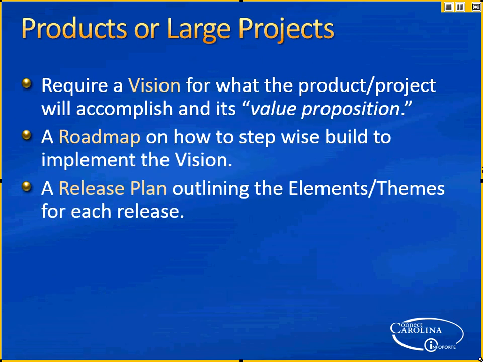So if we're working in the Scrum method, you'd normally be working on a product, a large project, and to be set up to do that, there needs to be a vision. Someone needs to set the vision for what is this project going to accomplish.